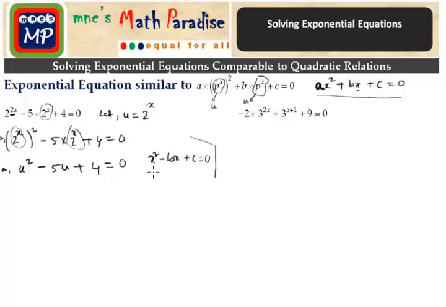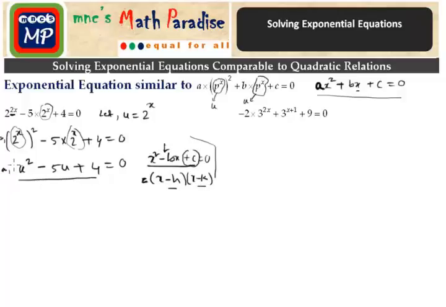So we know its factorization. If we factorize it, we will get x minus h and x minus k, because minus h and minus k multiply together to give plus c, and minus hx and minus kx give minus b. So how can we factorize this?